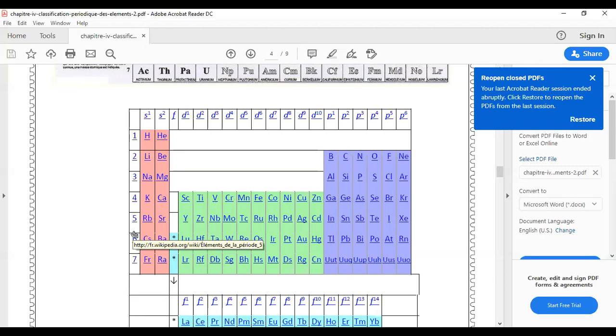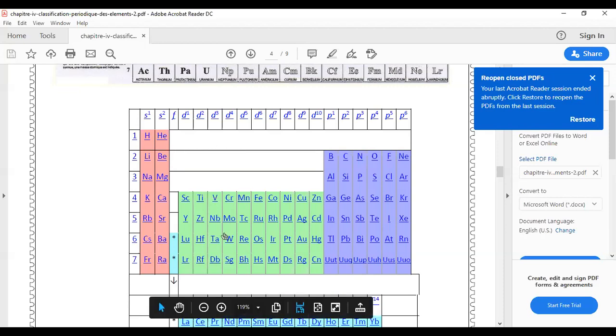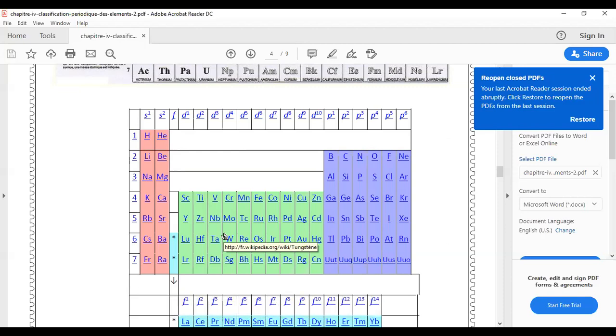Then for transition metals, all of them end with a D when you write their configuration. Then the non-metals all end with a P. So how they are ending is the block which they belong to. That's what you should put in mind.